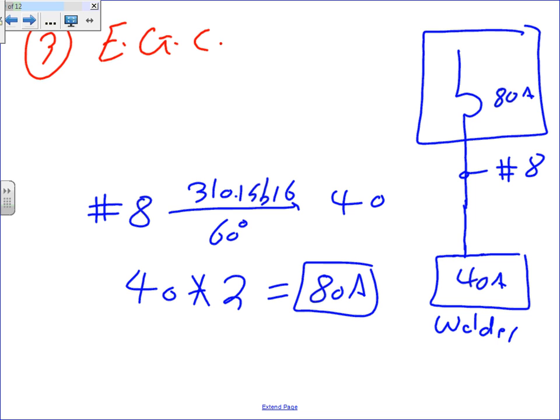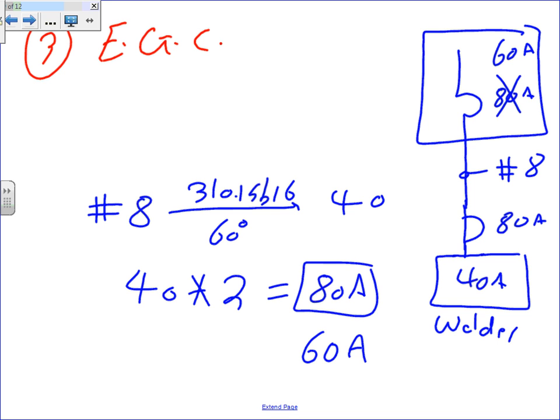But let me tell you what could happen. Suppose that you end up with 60 amps here. Then I have 2 options. Either you grab the 80 amps and put it right here, so this is an 80 amp and this is 60 amps.